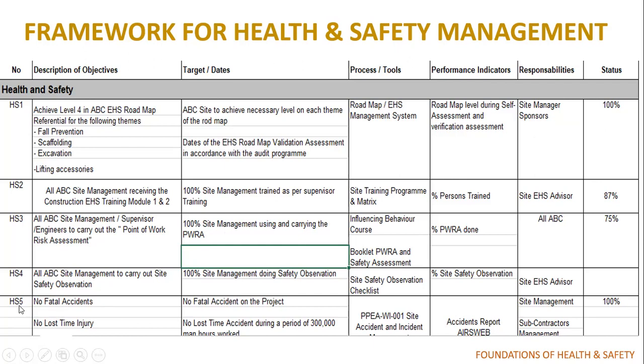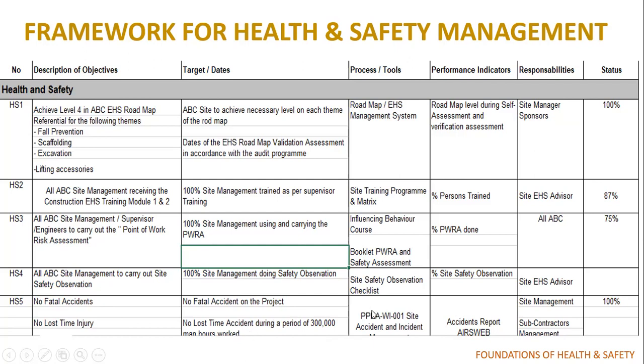So similarly in the HS5 we can see no fatal accident, no lost time injury. This is our target objective. So the target is no fatal accident on the project, no lost time accident during the period of 3 lakh man-hour work.